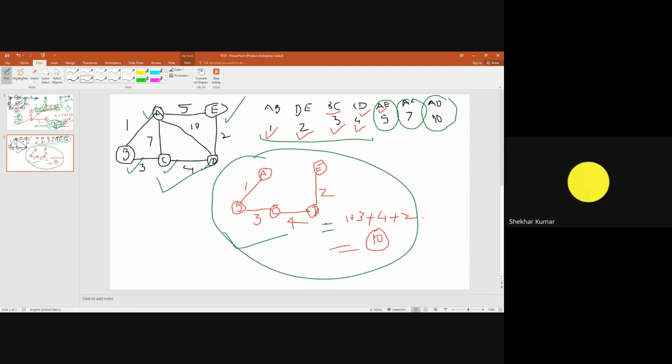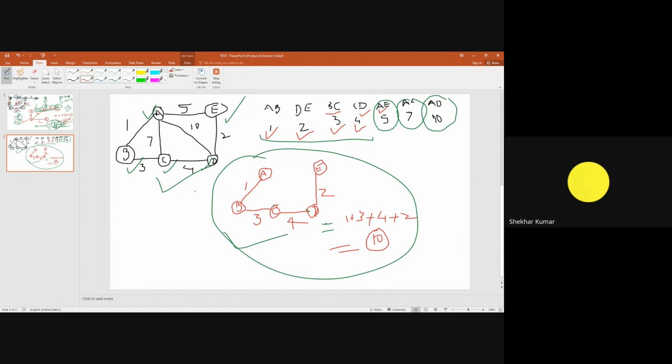If I have covered all the nodes of the graph, after that, if I add other edges, I find that the edge creates a cycle. So I have simply discarded all the edges. Okay.